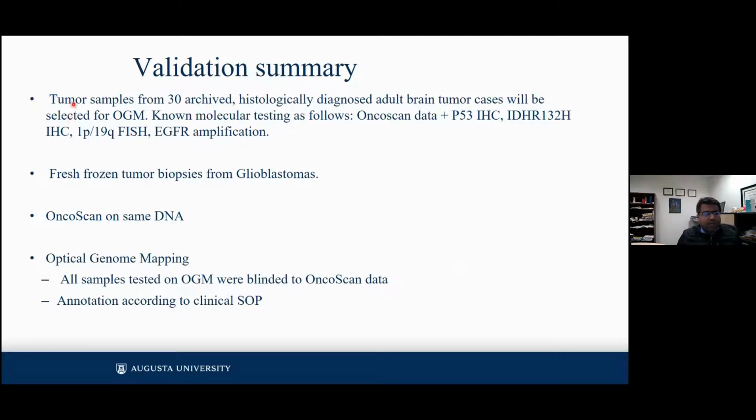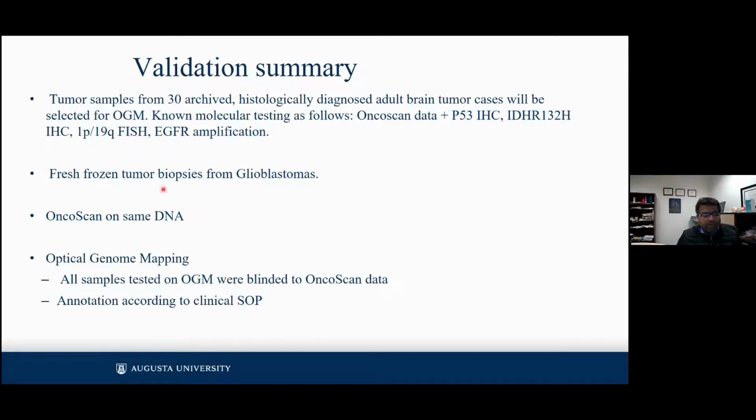So we are taking out 30 archived histologically diagnosed adult brain tumors from our tumor bank, and we want to make sure that all these tumors have known molecular testing done, especially the Oncoscan, which is a SNP array. On top of this, most if not all the tumors will have had P53 IHC, IDH R1 IHC, 1p19q deletion by FISH, and EGFR amplification.